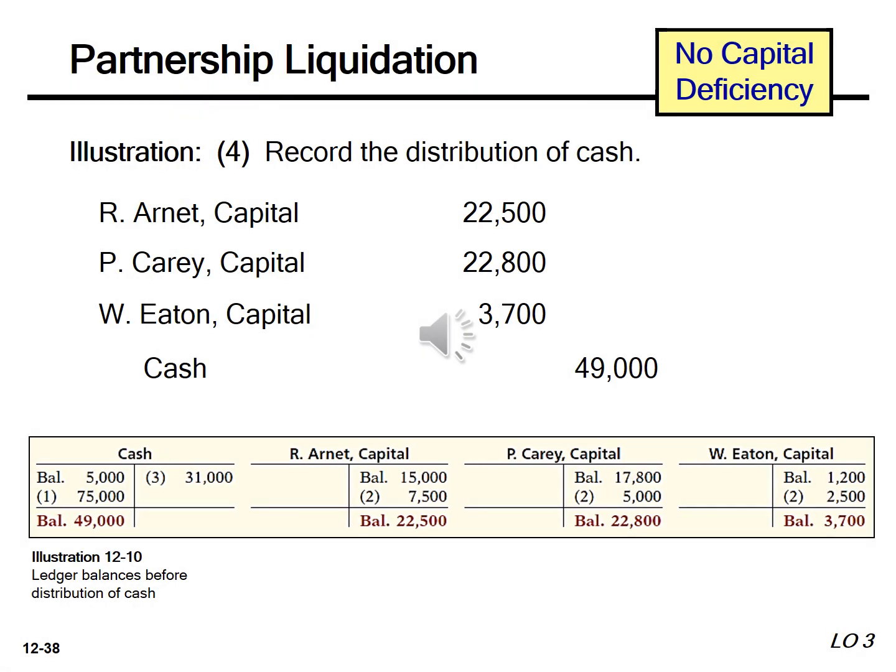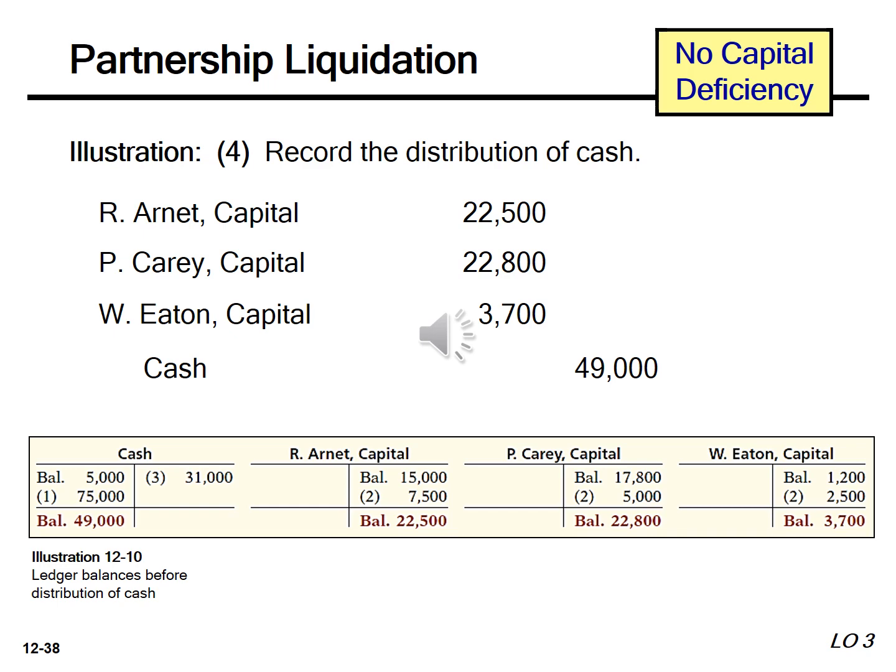And the fourth requirement in the illustration is to record the distribution of cash. Now, if we go back to the cash ledger account, we will see that it has a debit balance of 5,000 from before the liquidation process began. And then we also added another debit amount of 75,000, which is the amount of cash that we received for the sale of non-cash assets.